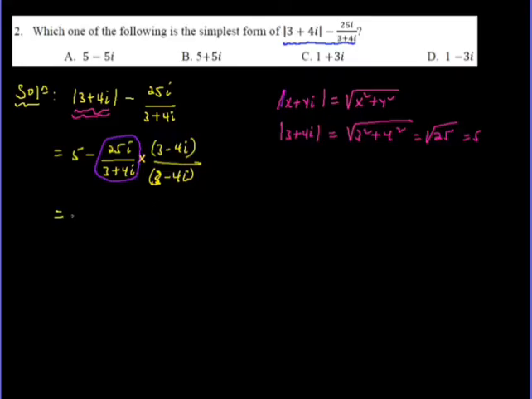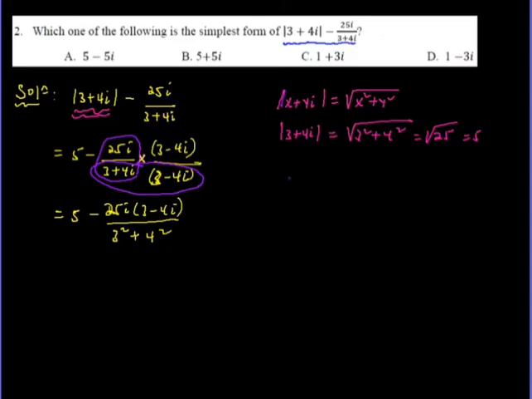So this becomes 5 minus 25i times (3 minus 4i) over 3 square plus 4 square. The product of the things in the denominator is 3 square plus 4 square.